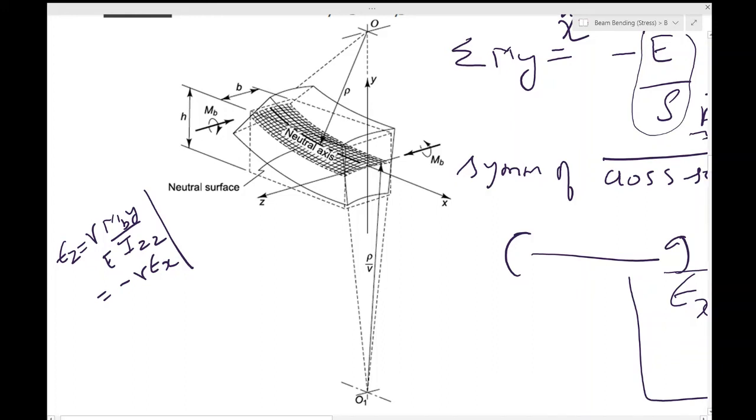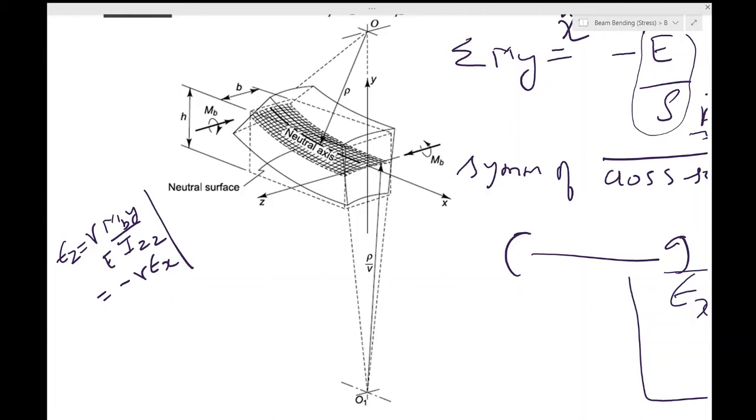So let's see epsilon z, that was equal to, sorry, it was nu into M_B y by I_zz E. In particular, the trace of the neutral surface on the cross section has become an arc of curvature minus nu by rho.